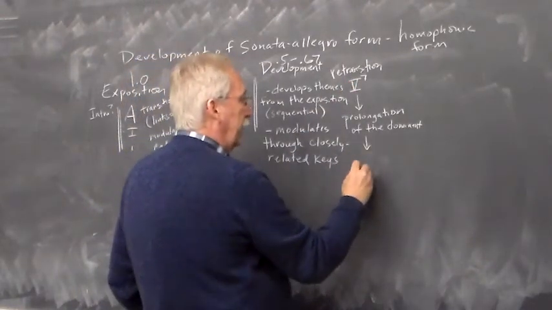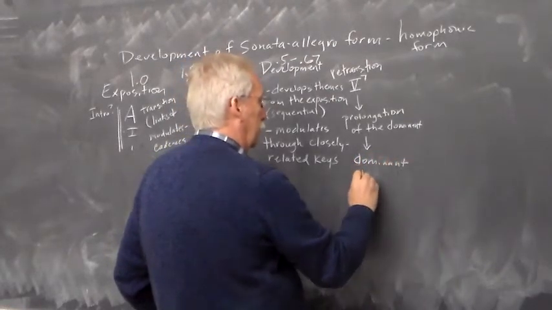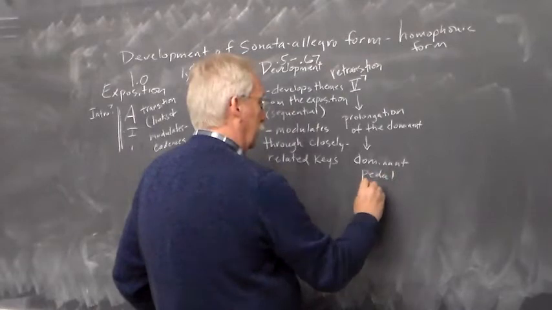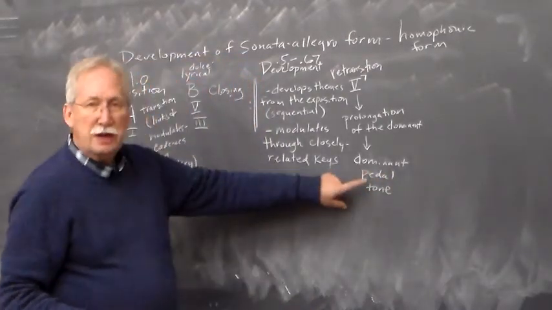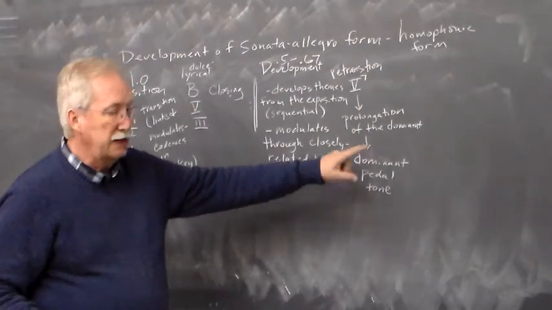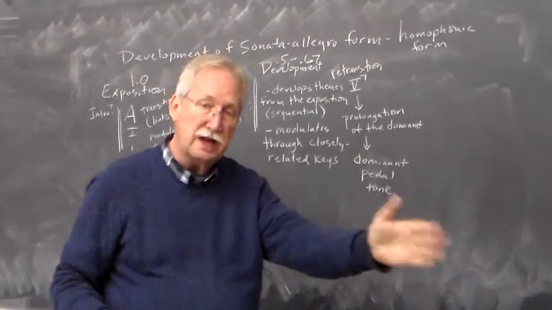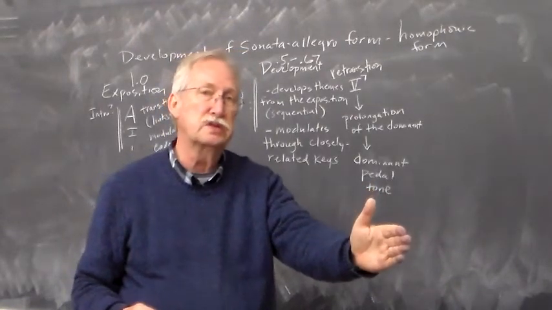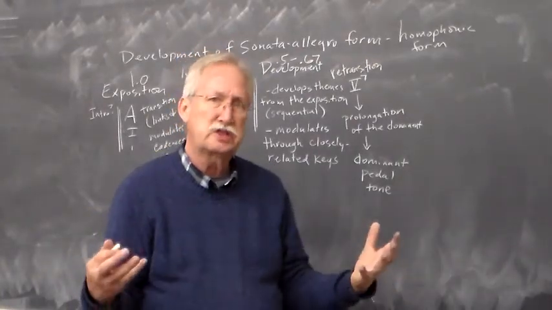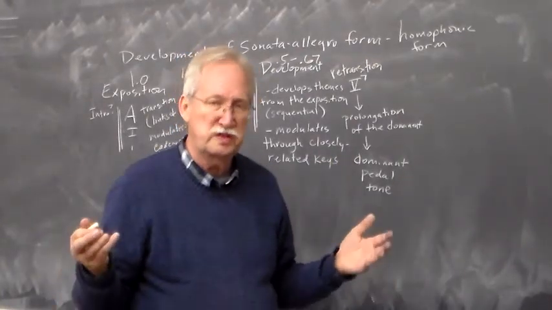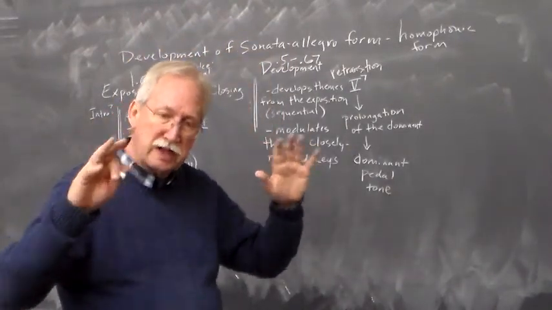You can have things like a dominant pedal tone, that would be a good reason for identifying the retransition at a particular point, because that's where a dominant pedal tone begins. And then it could continue for several measures. It really builds tension because you're expecting it to resolve to tonic and release tension, and that's the basic psychological effect.